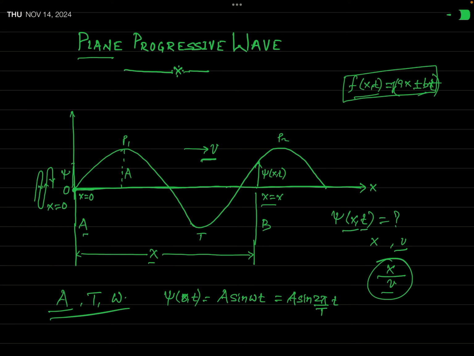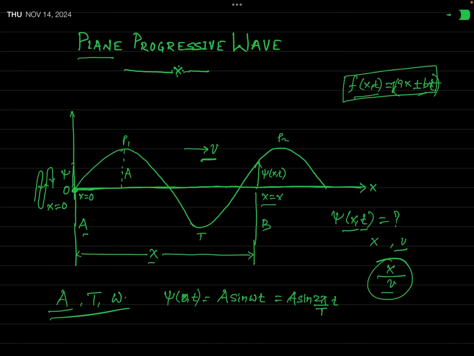To obtain the answer to this question, you can say that the displacement or disturbance which was created at this point O travels to this point, and the medium is isotropic.